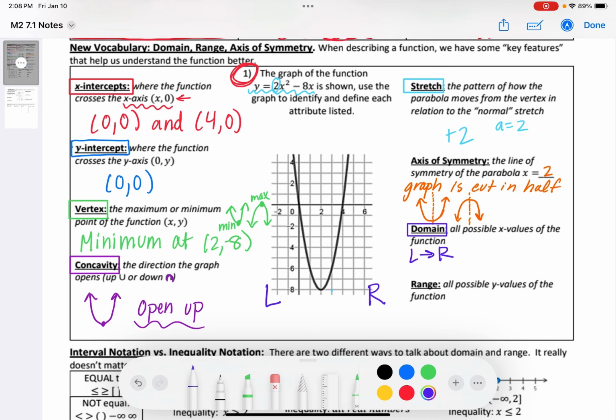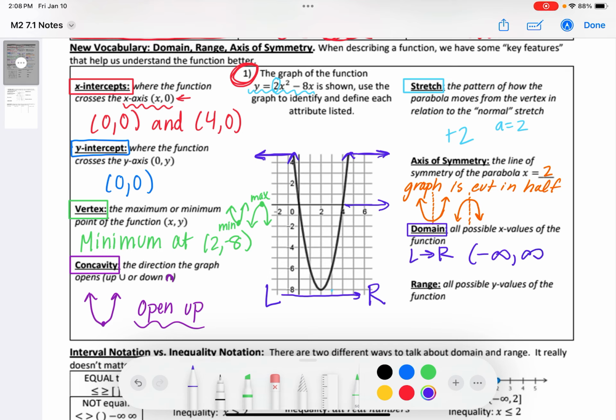So interval notation. If you're looking at my graph from the left, from the left of the x-axis, do you see how it's going on and on and on forever toward all of your negative x values? It's going to go on for infinity, so from the left, it's coming from negative infinity. And when you move on to the right, if you look up here, that goes on and on to infinity as well, hitting all of your positive x values.